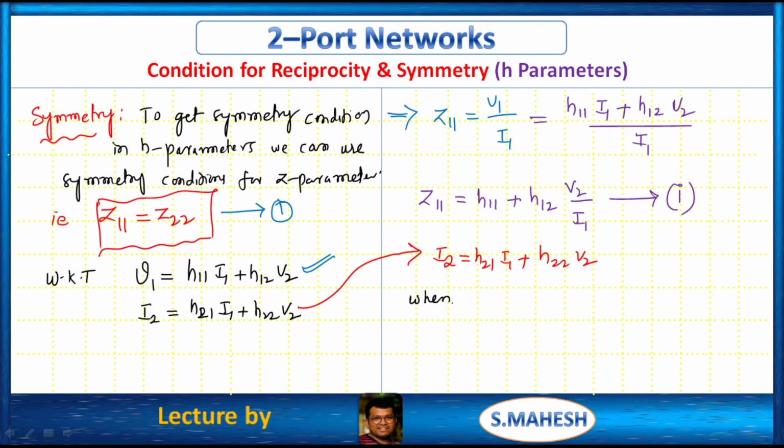When I2 = 0, we have H21 I1 = minus H22 V2. From this, V2 by I1 is nothing but minus H21 by H22.